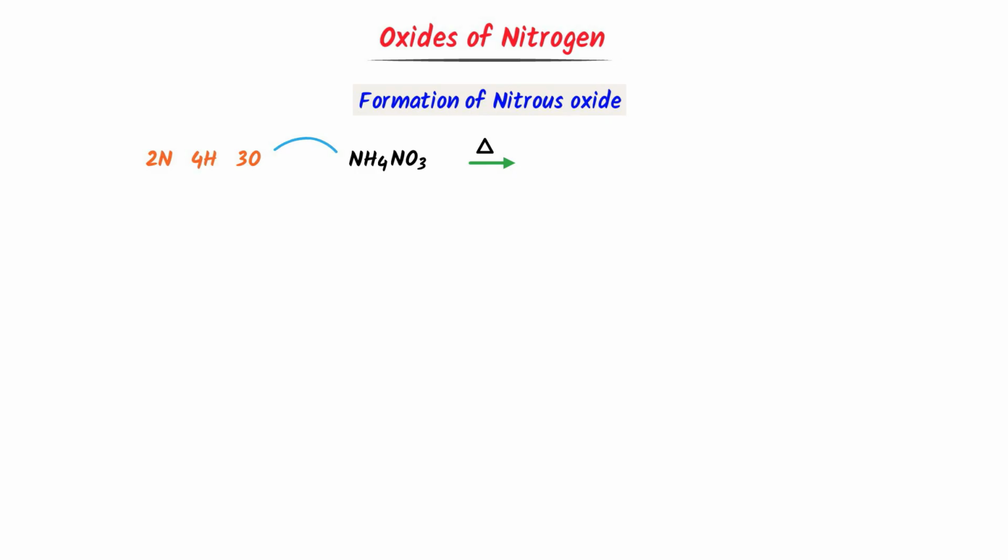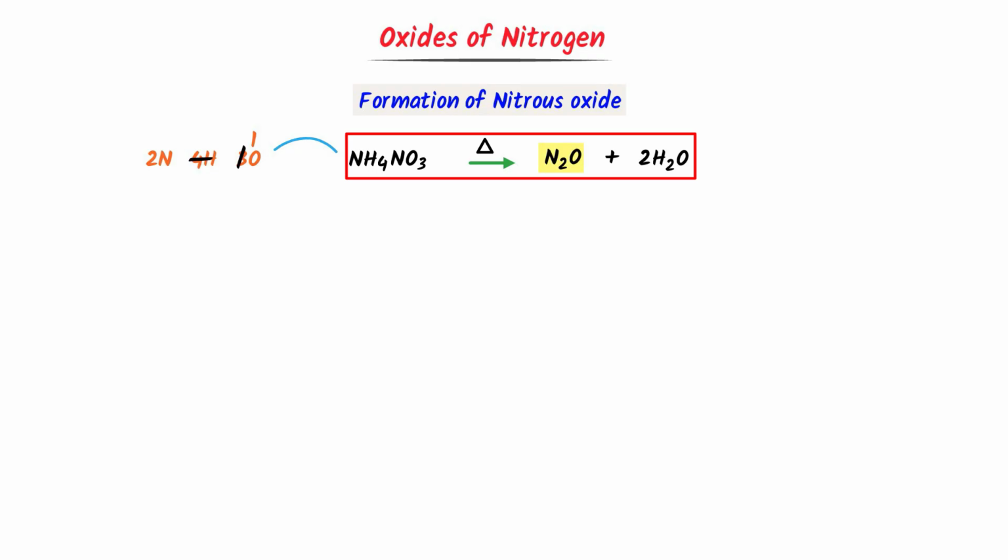I remove 2 water molecules. I write 2 H2O. Now 2 nitrogen atoms and 1 oxygen atom are remaining. They combine together to form N2O or nitrous oxide. Thus remember that nitrous oxide gas and water molecule are produced if ammonium nitrate is heated.